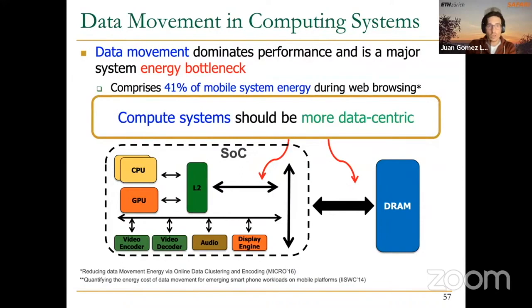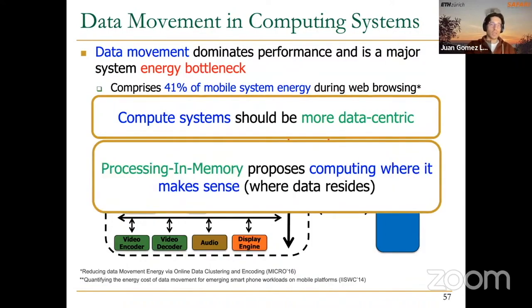So the goal here is to make compute systems more data-centric and processing-in-memory capable, which means that at least part of the computing is going to have to happen where the data resides, or where it makes sense.